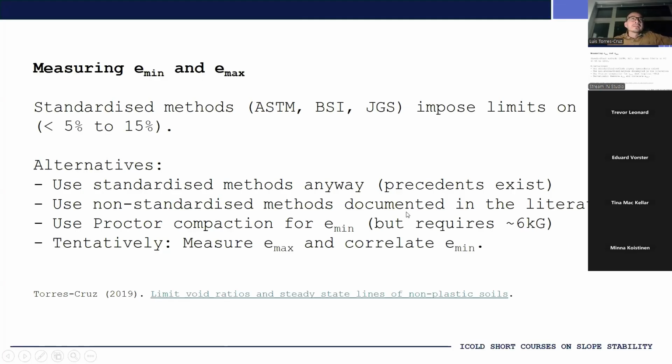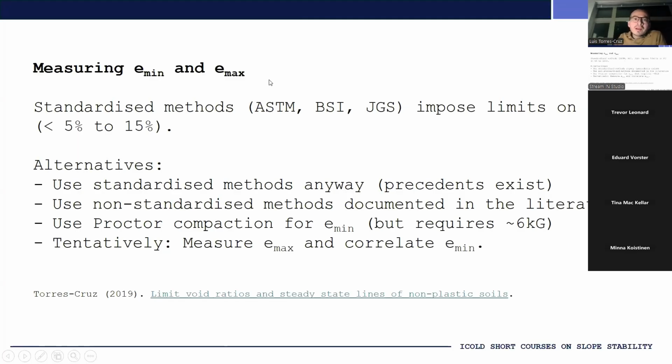I know that South African geotechnical laboratories do not routinely measure them. And it's also not only a South African issue, because in general, the standardized methods to measure e_min and e_max are not designed for soils with significant amounts of fines, such as tailings.